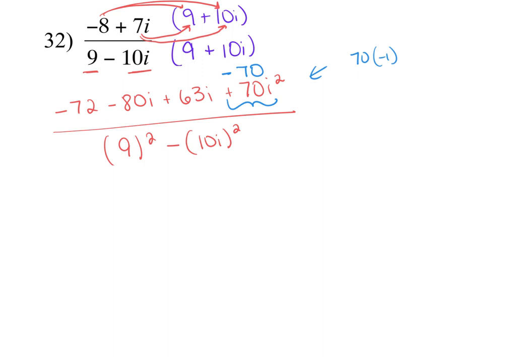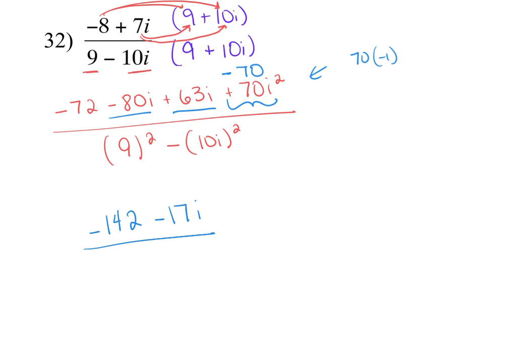That's what happens there. So in the numerator, I can combine the negative 72 minus the 70. That's going to be negative 142. So I have negative 142 here. I have a negative 80i and a positive 63i. Those are like terms. So negative 80 and positive 63 is negative 17i. So that is my numerator right now.